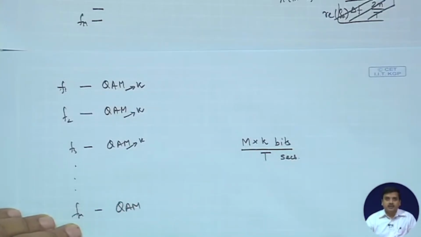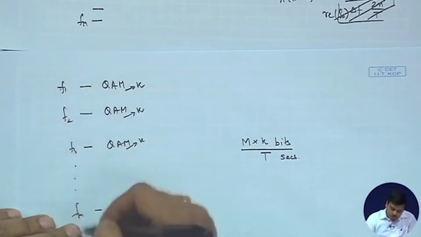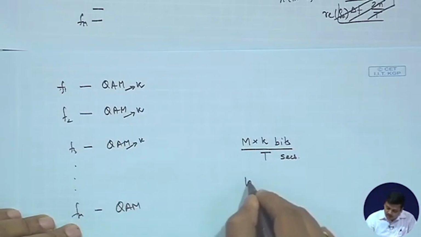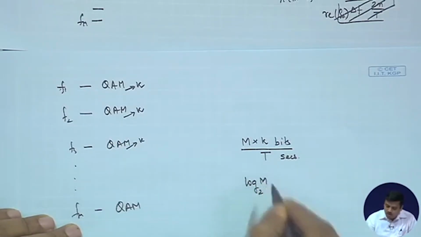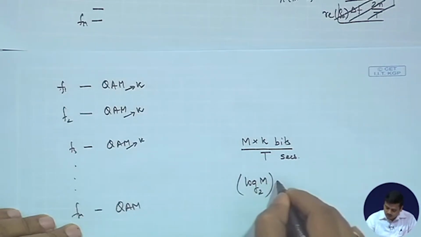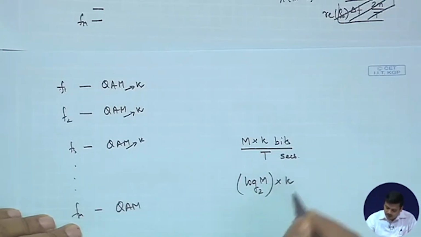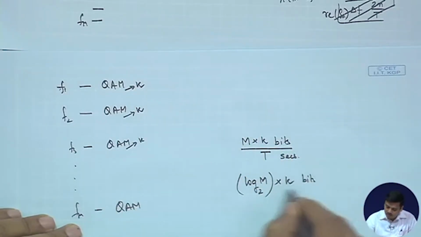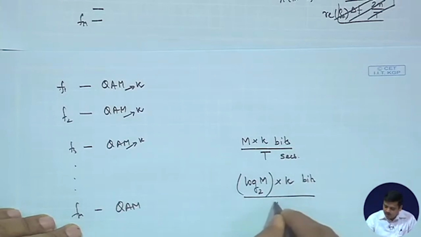per t seconds, right. If you compare with what you did earlier, that means, if you chose one of the frequencies and then sent QAM, you would send log base 2 of m bits by selecting the frequency, plus k bits because of QAM, right, every t seconds.